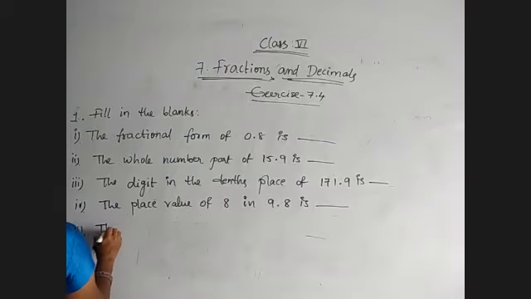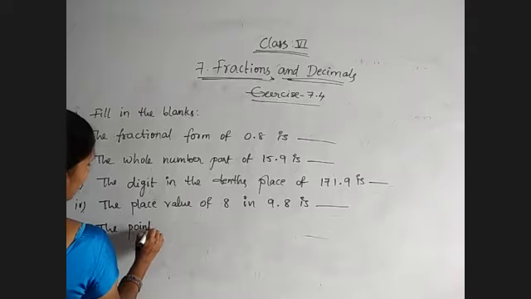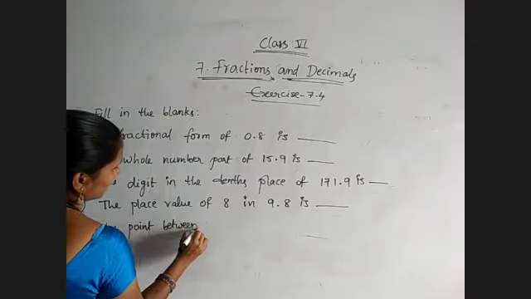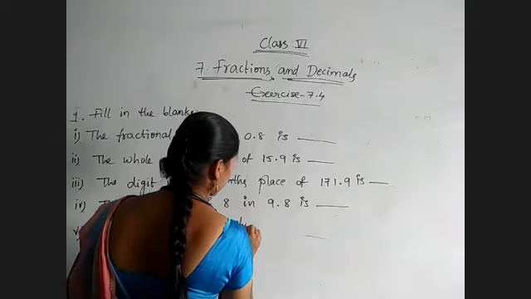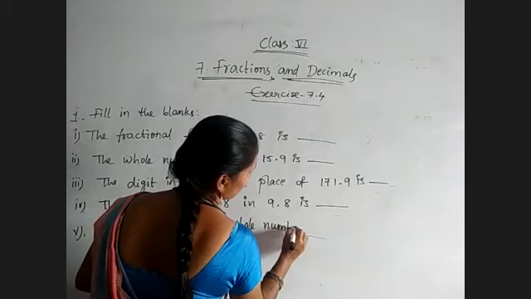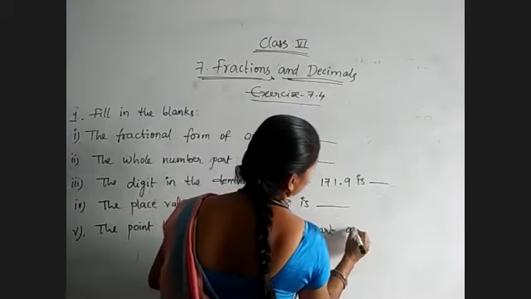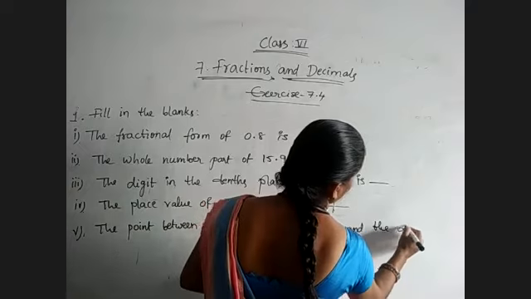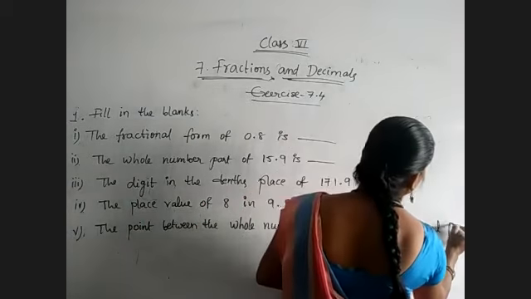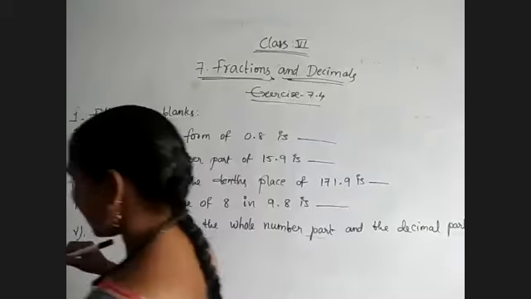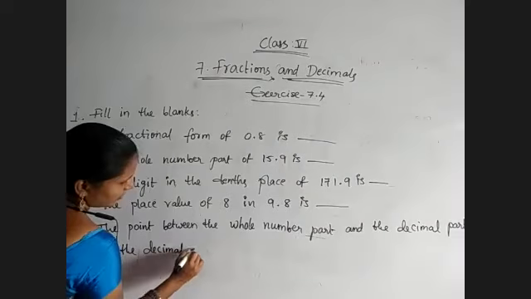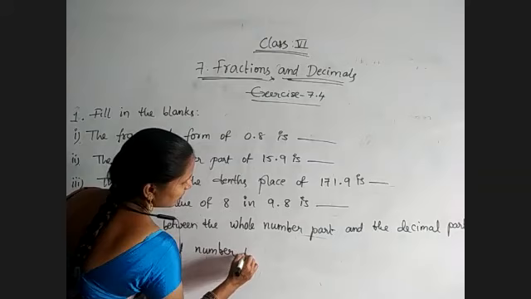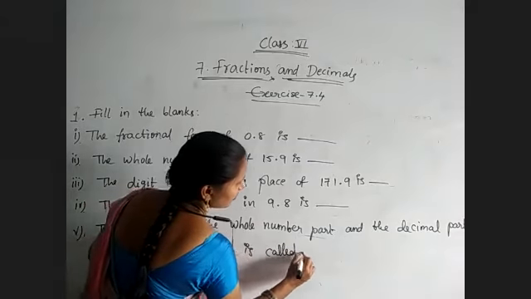The point between the whole number part and the decimal part of the decimal number is called dash.